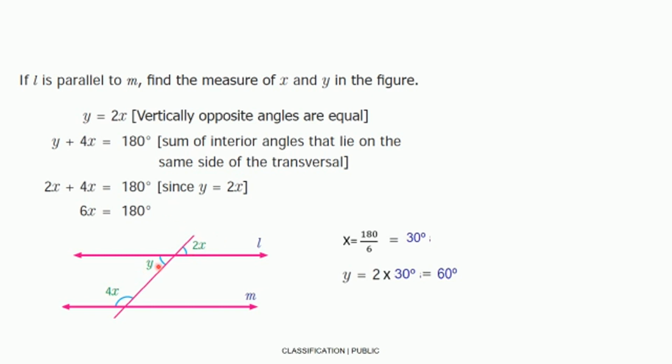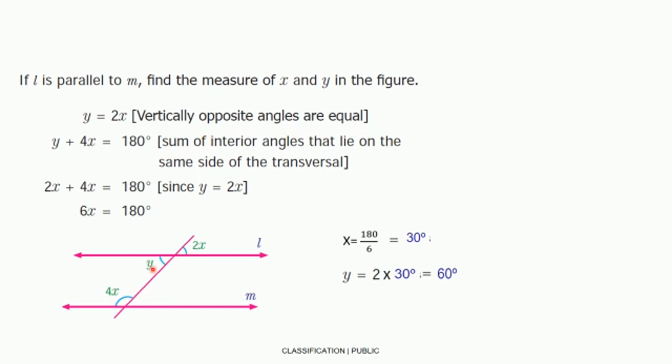And that property you refer to: interior angles on the same side of the transversal are supplementary. That is, the sum of interior angles on the same side of the transversal.